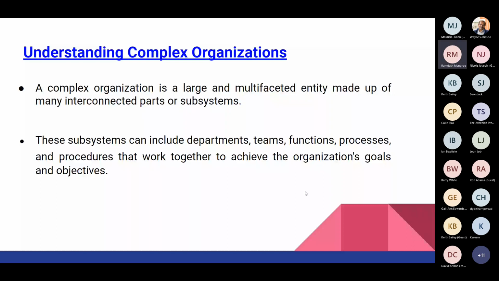These subsystems can include departments, teams, functions, processes, and procedures that work together to achieve the organization's goals and objectives. So even though it is complex, meaning it has different entities within it, they still have a common goal, and that is the objective of the organization.